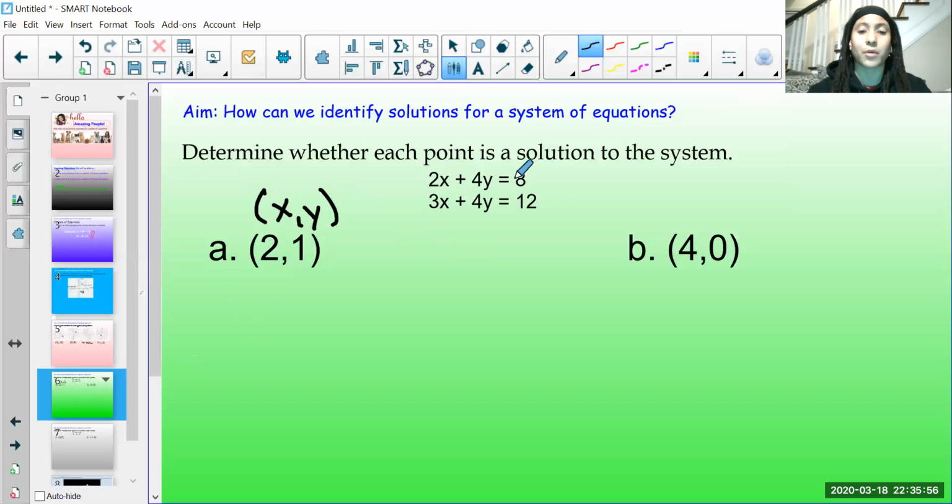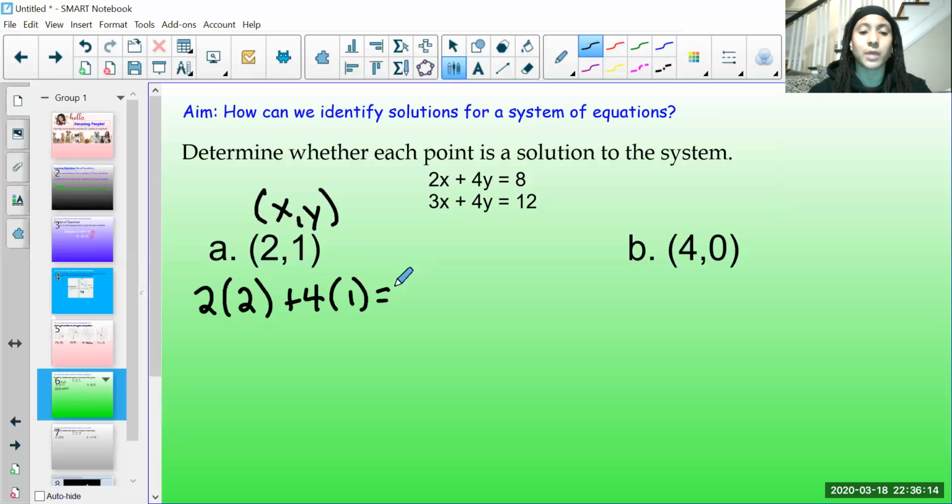So I'm going to rewrite my equation. So I have 2 times x, which is now 2, plus 4 times y, which is now 1.